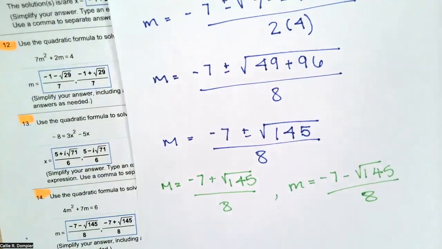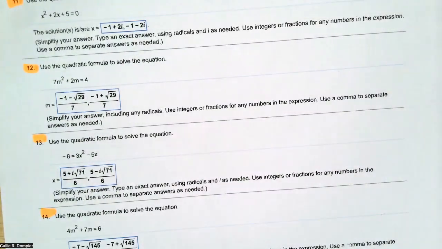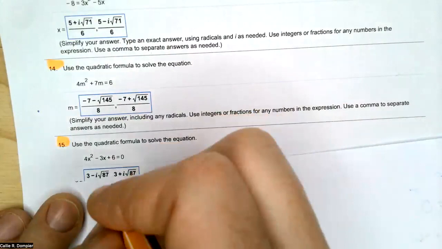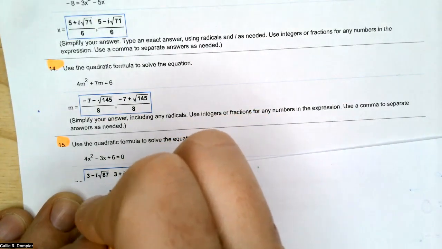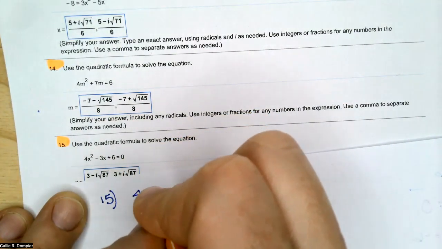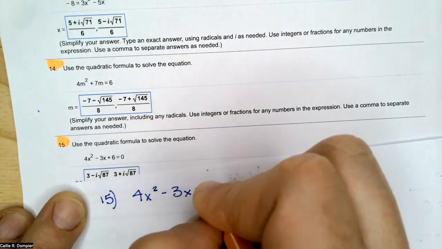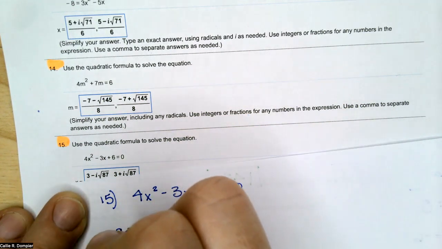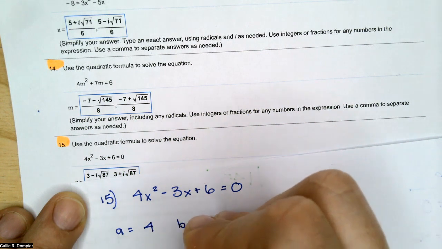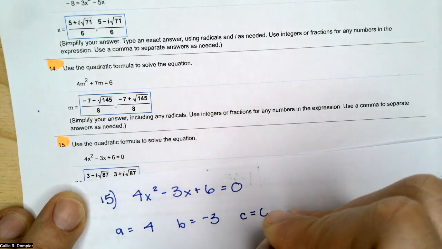All right, last one. Number 15. 15 is 4x squared minus 3x plus 6 is 0. A is 4, B is -3, C is +6.